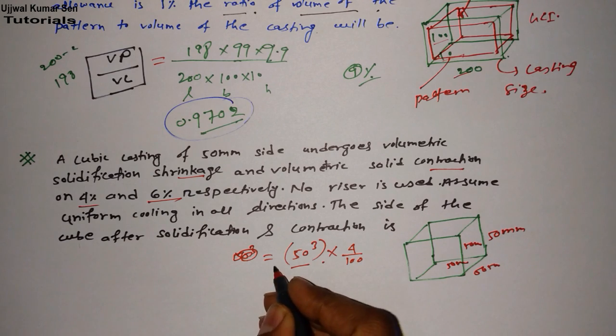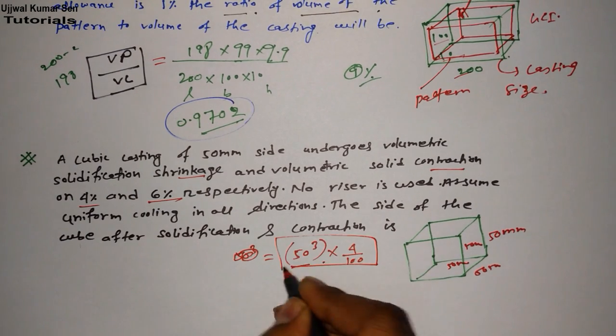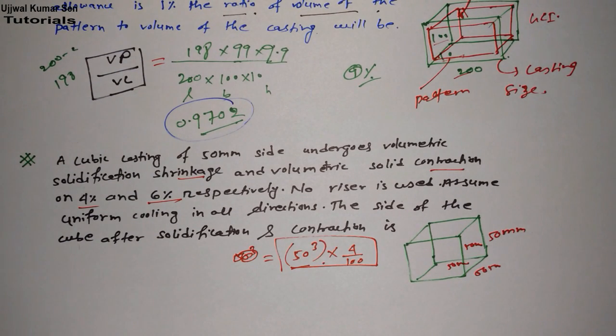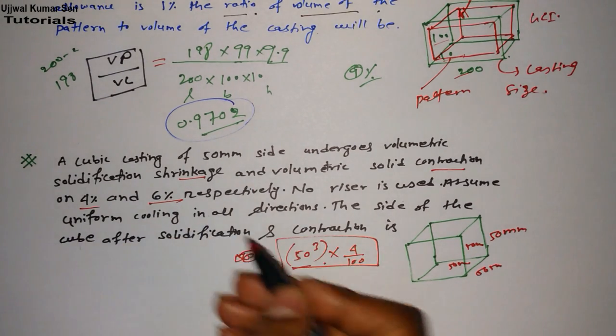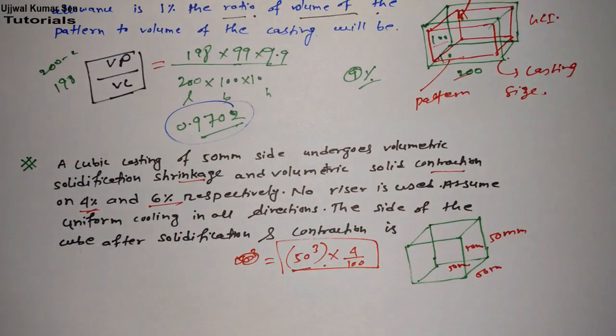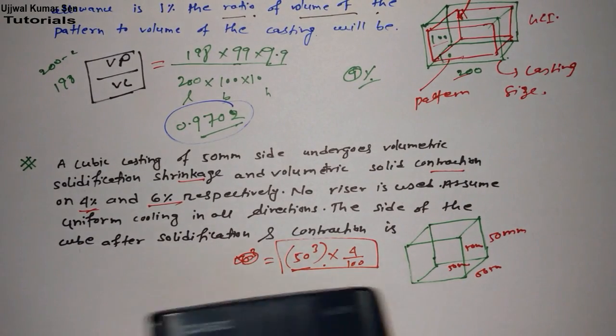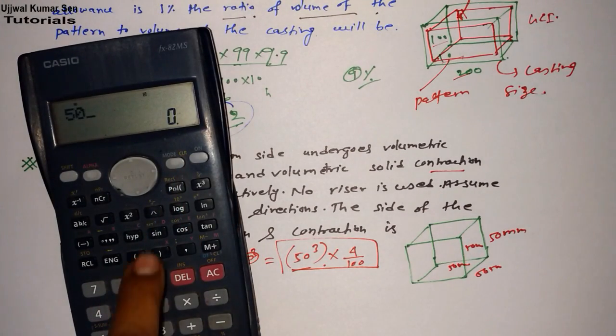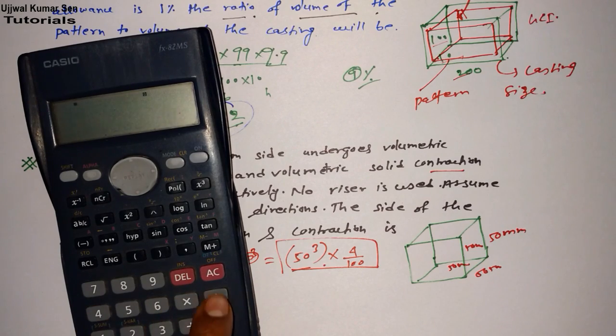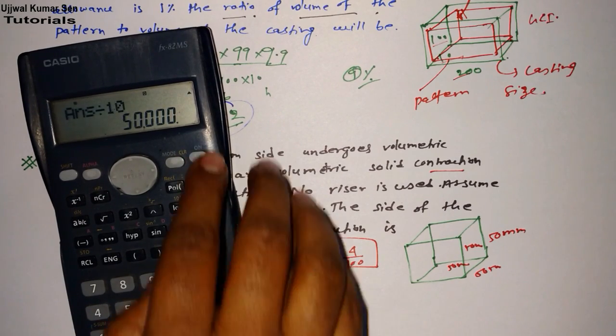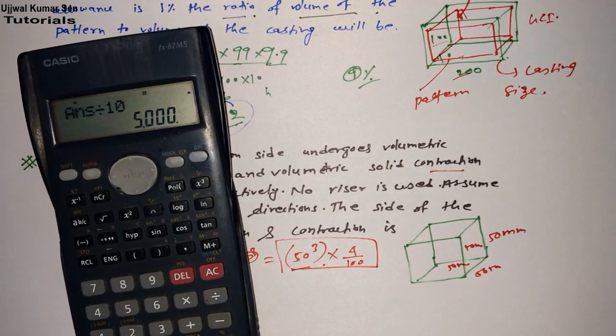We have to find out the size of this side after contraction. I mean shrinkage, just 4% shrinkage is there. So 50 cubed into 4 divided by 100.